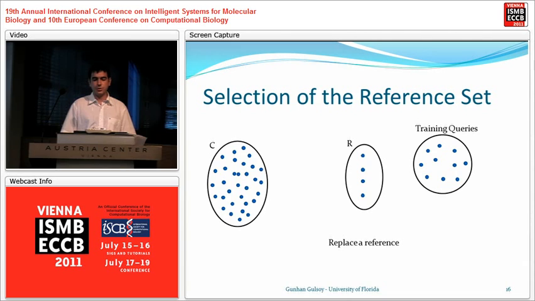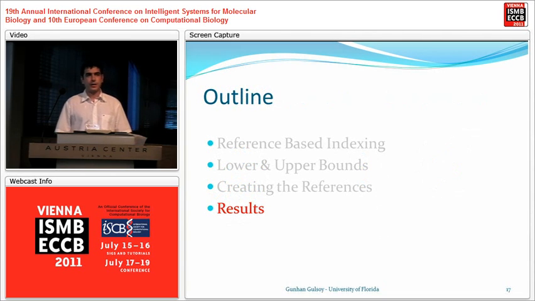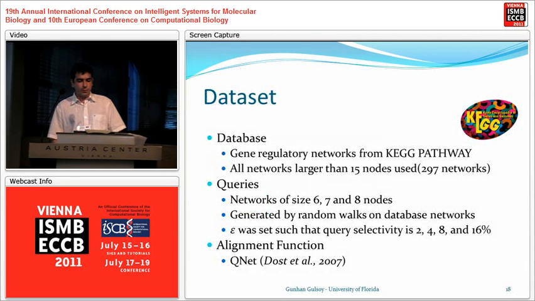Let me present you some of our results and our experimental setup. First, let me explain our data set. We used all the gene regulatory networks from the KEGG pathway database, and we used every network that is larger than 15 nodes in this database.